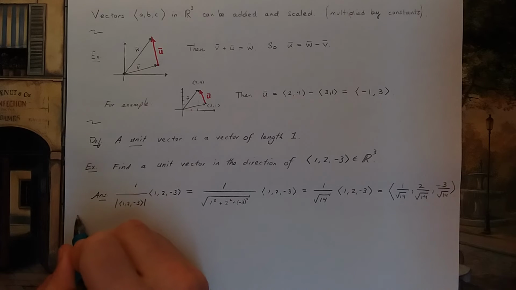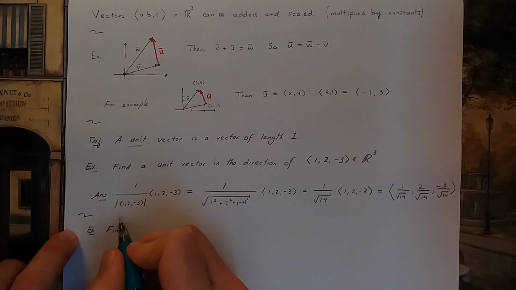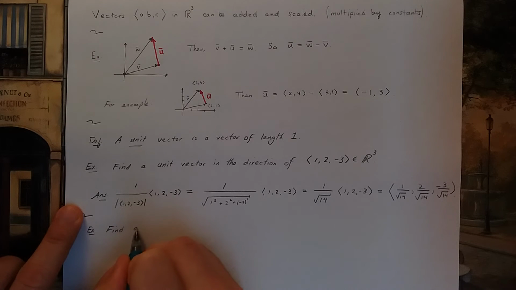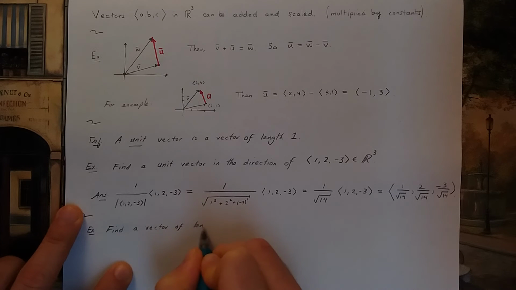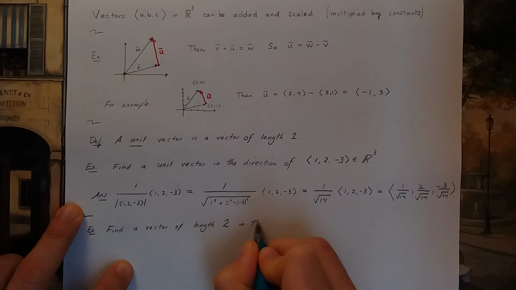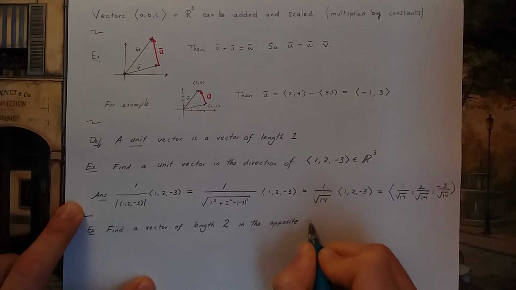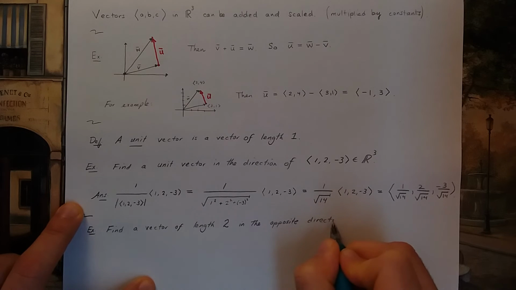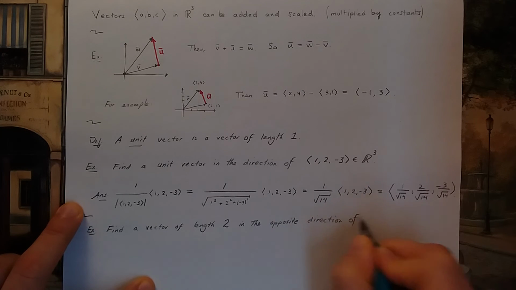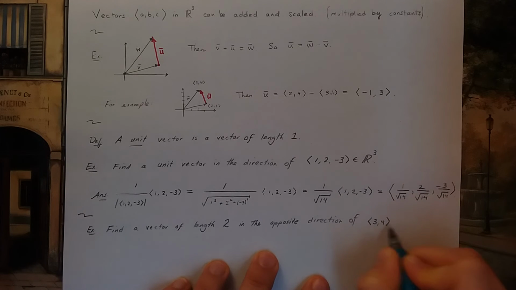Let's do one final example for this video. Let's find a vector of length 2 in the opposite direction of the vector, how about the vector 3, 4 in R2?